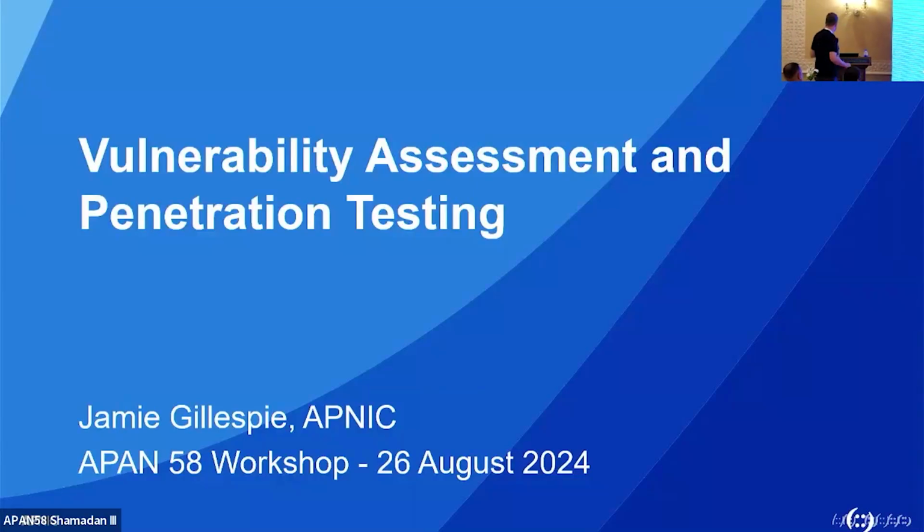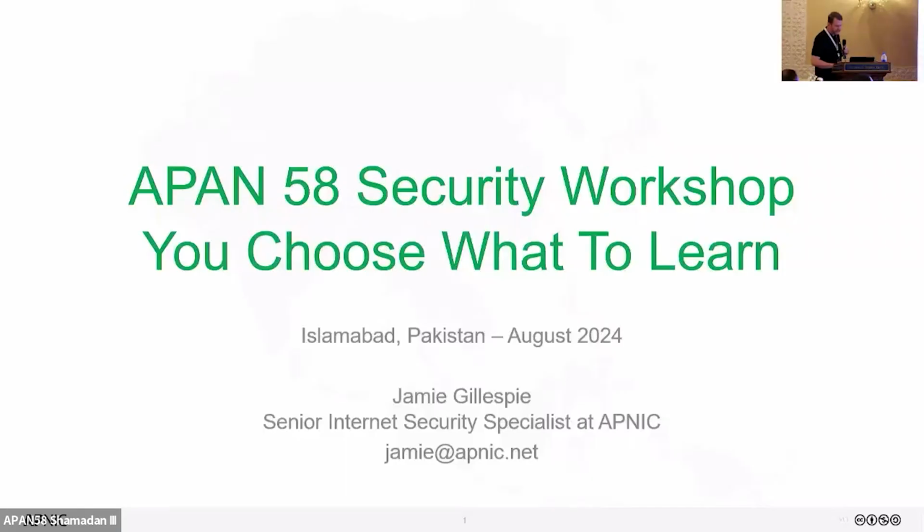Well, that's not very good of me. There you go, there's my email address. It's really simple, jamie@apnic.net. You don't get any more simple than that. So if you don't find it on Schedule, feel free to reach out and email me.